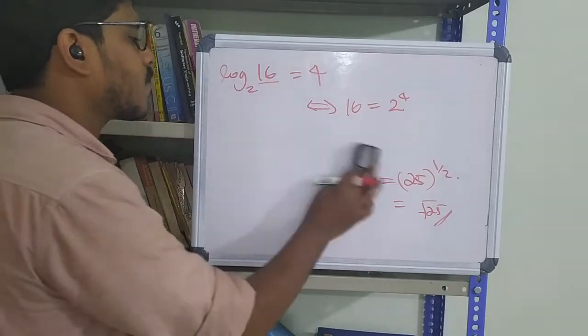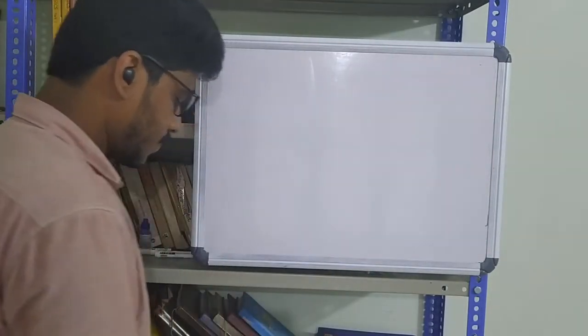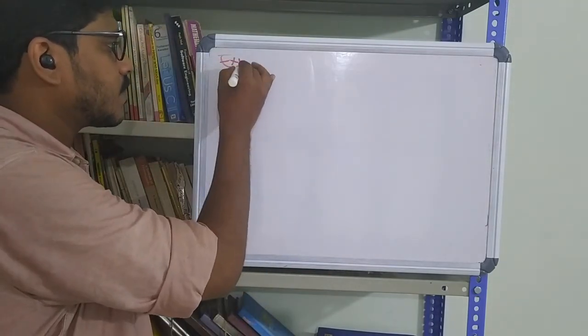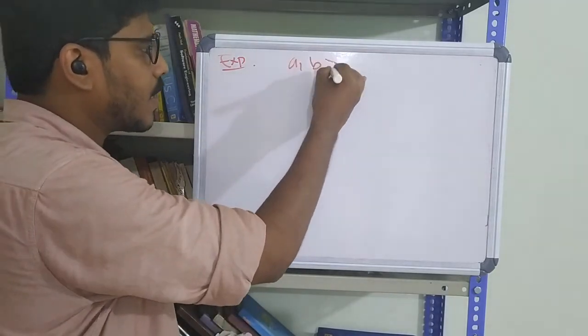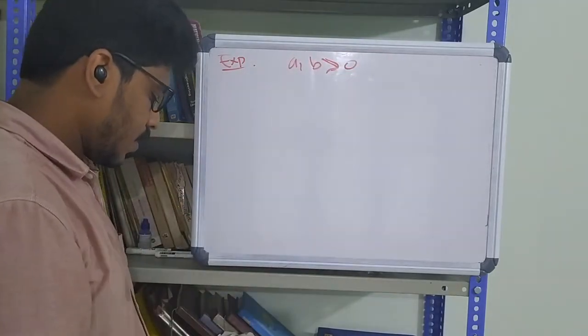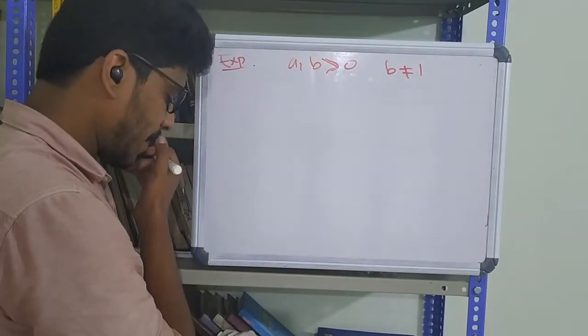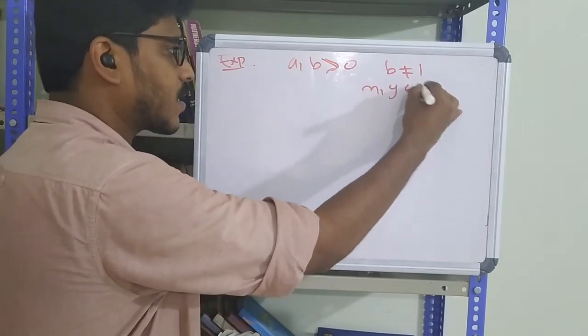Now let's see a couple of properties of exponential and logarithmic functions. For exponential functions, assume a, b are strictly greater than 0, b not equal to 1, let x comma y be any possible real number.